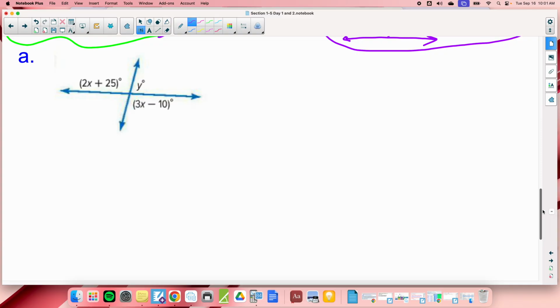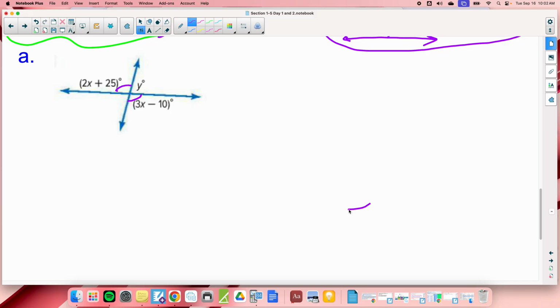Or do they together form a straight line? How about this one and that one? Are they across from each other and they're vertical? Or together do they form a straight line? Do you see that they're vertical? Everybody see that? They're across from one another.